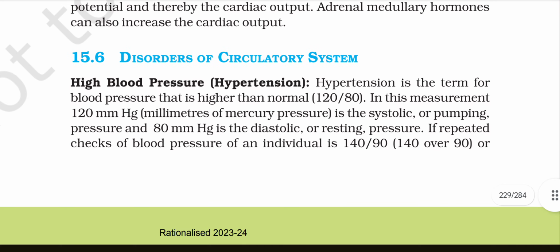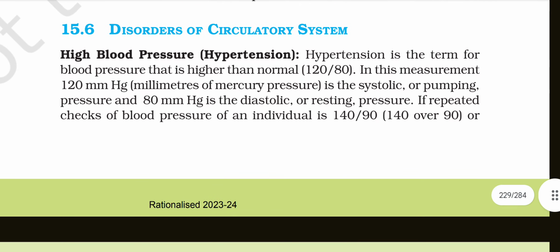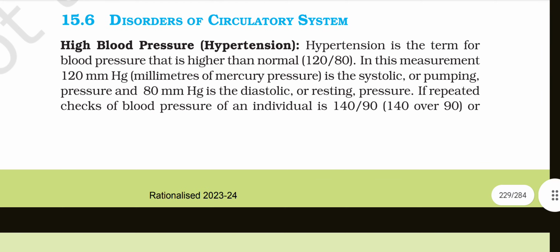Disorders of the circulatory system: high blood pressure, hypertension. Hypertension is the term for blood pressure that is higher than the normal, that is 120 to 80. In this measurement, 120 millimeters of mercury is the systolic or pumping pressure, and 80 millimeters of mercury is the diastolic or the resting pressure.